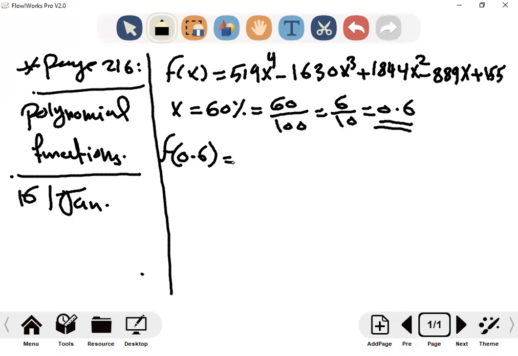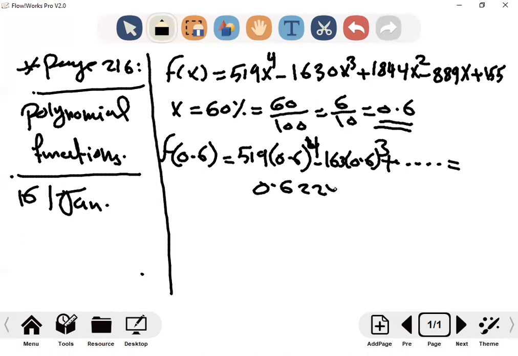Replace x by 0.6: 519 times 0.6 to the power 4 minus 1630 times 0.6 to the power 3 plus, and finish the substitution. The answer will be 0.6224. Just replace and substitute.